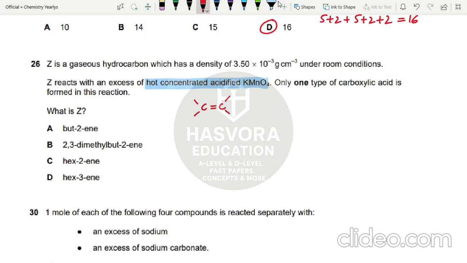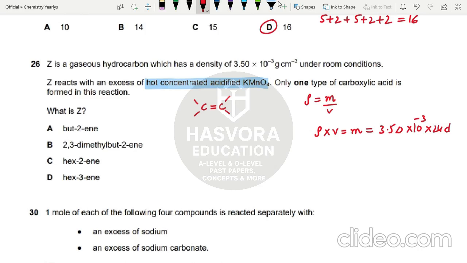So first of all, we have to find the mass of the hydrocarbon. How are we going to find the mass? Density is equal to mass divided by volume. So 1 mole of this gaseous hydrocarbon will occupy 24 dm³, so density times volume equals mass. This will become 3.5 × 10^-3 times 24 dm³.